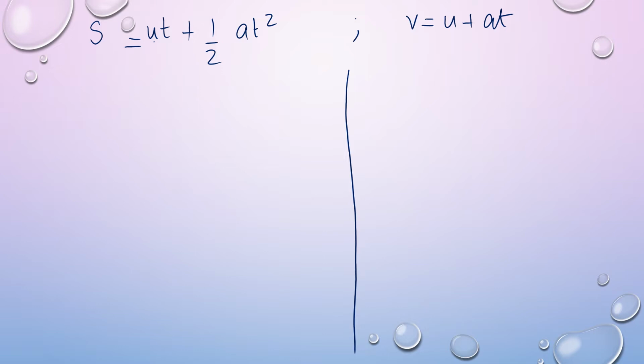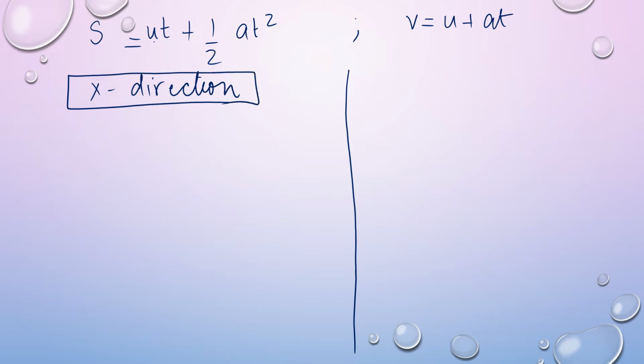Now, two very important equations that I'm going to use to solve this question are S equals ut plus half at squared, and v equals u plus at. I am going to consider the x direction and y direction separately and prepare a toolbox to solve this numerical.